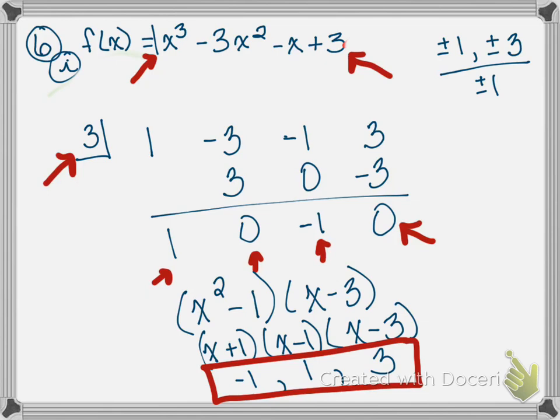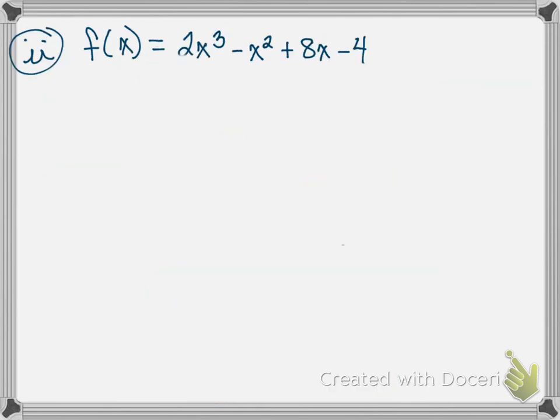Now, our next one, we have 2x to the third minus x squared plus 8x minus 4. This one can also be factored, and I think this is much easier to use factoring. An x squared comes out of both of these. So I have x squared times 2x minus 1.